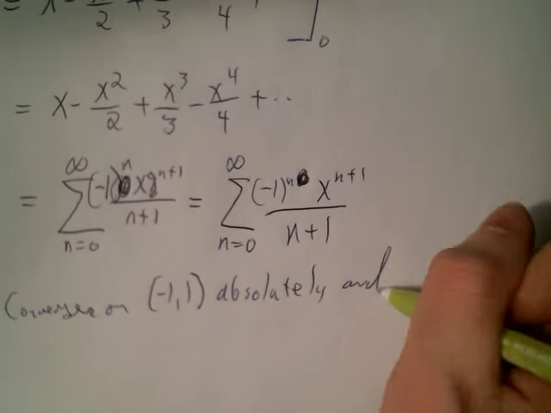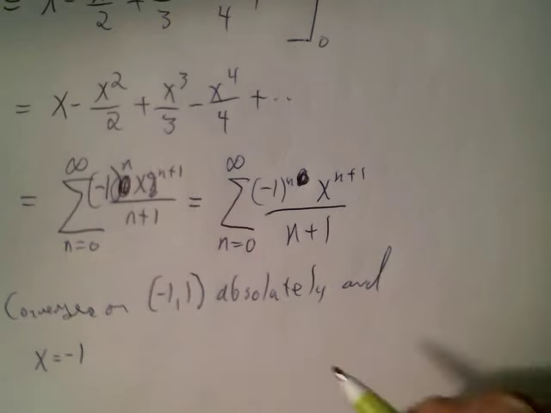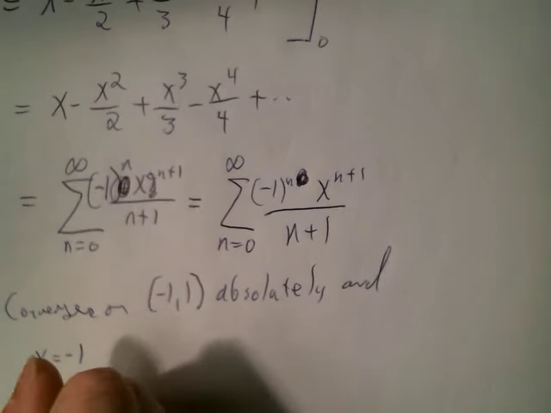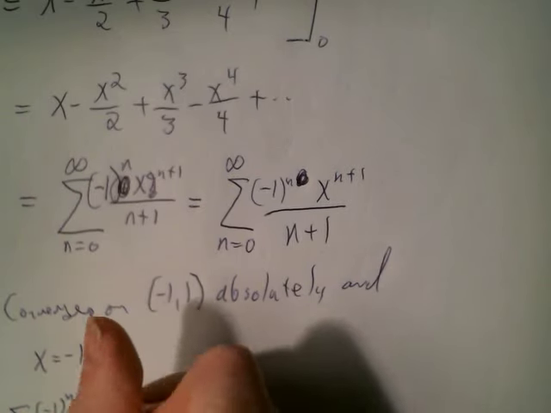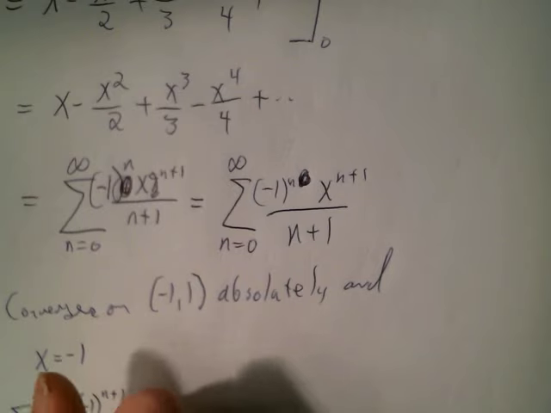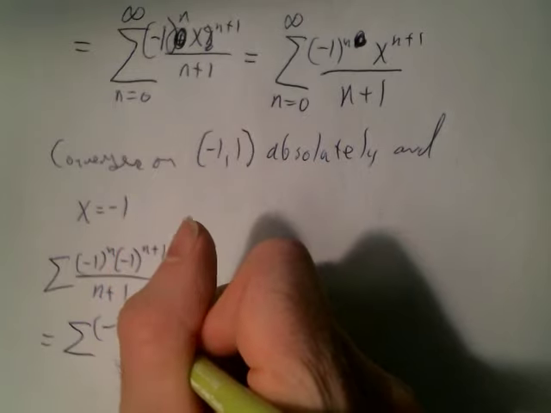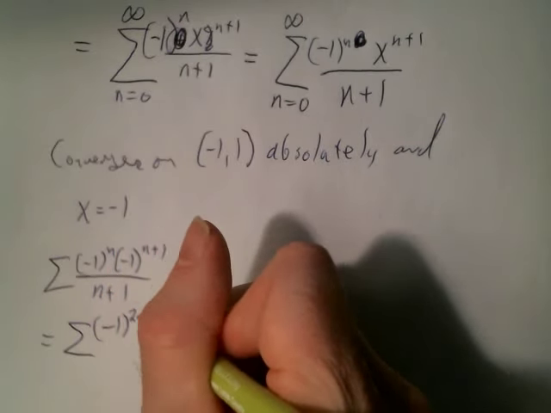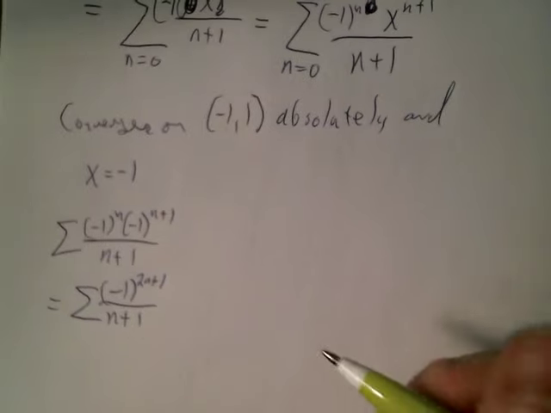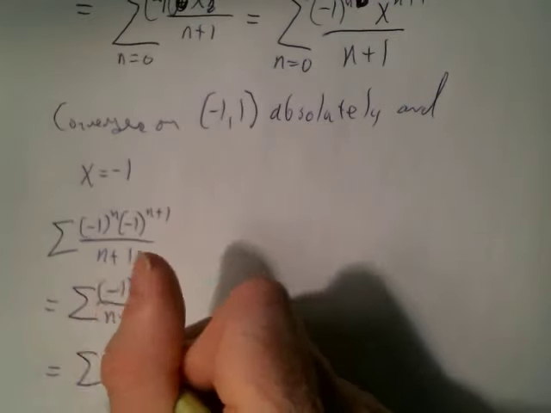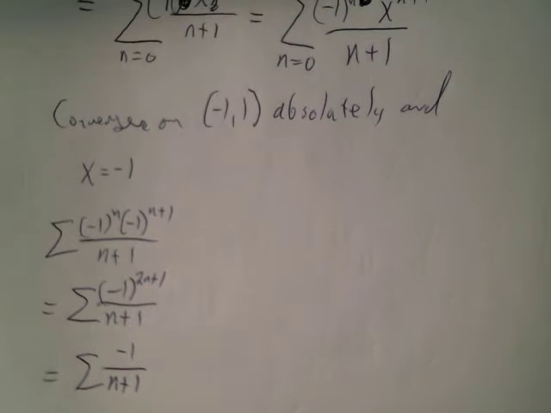Then you have to consider x equals negative 1, in which case you'll have negative 1 to the n times negative 1 to the n plus 1 all over n plus 1. So this will equal a series of negative 1 to the 2n plus 1 all over n plus 1. Negative 1 to the 2n is just positive 1, and then negative 1 to the 1, we just get negative 1 all over n plus 1. And this is basically just a negative times the harmonic series.